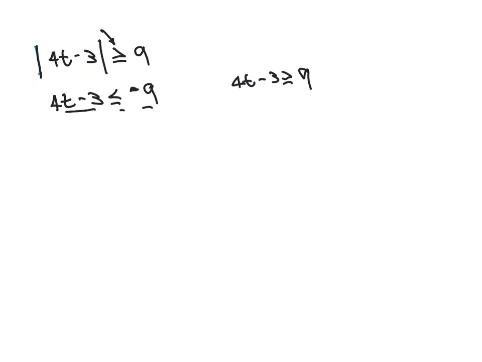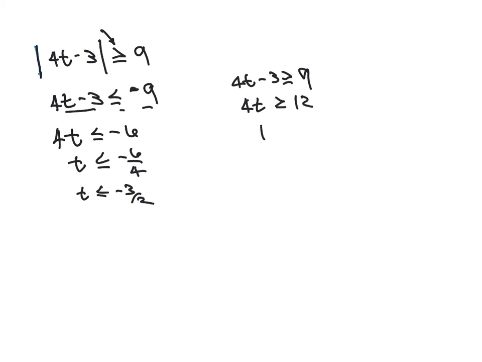So let's keep going. 4t is less than or equal to negative 6. t is less than or equal to negative 6 over 4, which makes t less than or equal to negative 3 halves. Over here we have 4t is greater than or equal to 12. t is greater than or equal to 3. So those are my two answers of what t are.